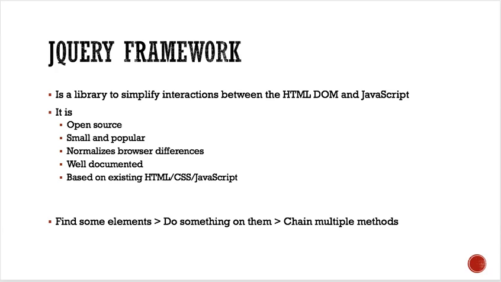So you basically chain multiple methods that are present within the jQuery framework to manipulate those elements that you have selected, right? So that's going to be the process model of how we work with jQuery. You find something using jQuery, you manipulate them, you do something to them, and you keep doing those things by chaining multiple methods.